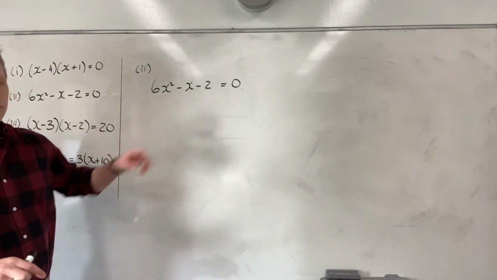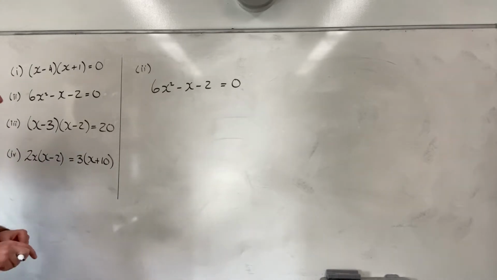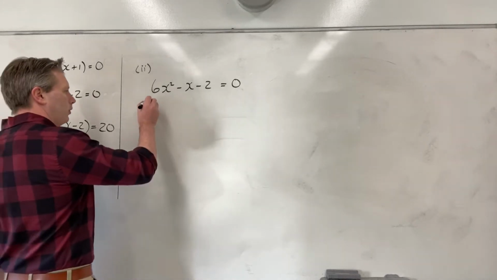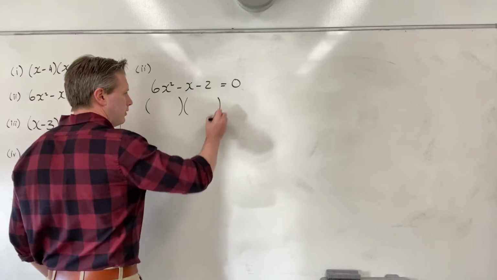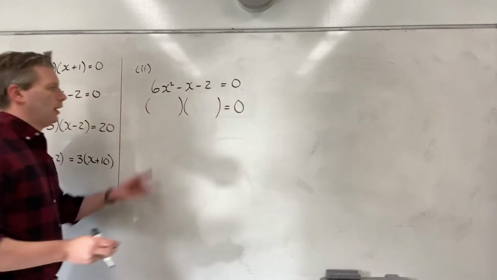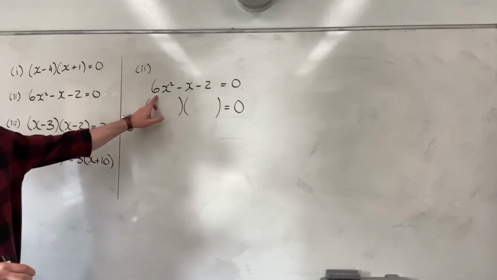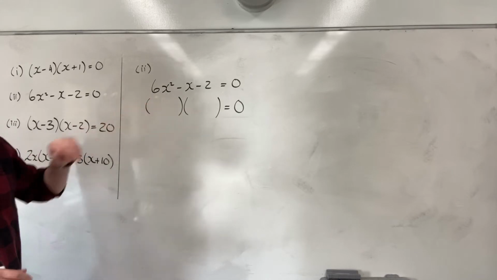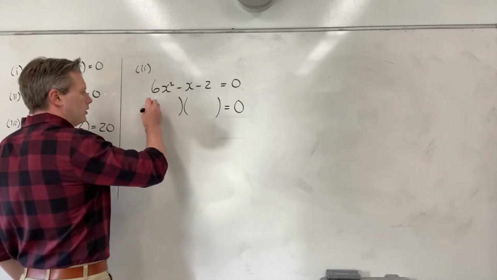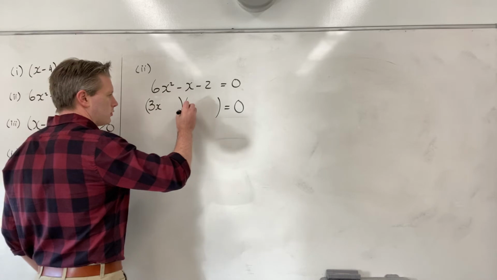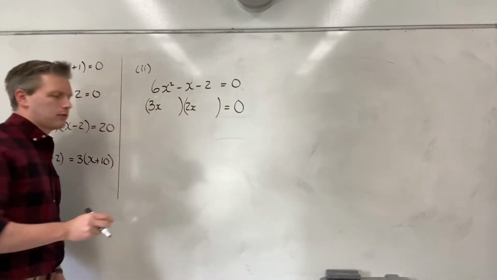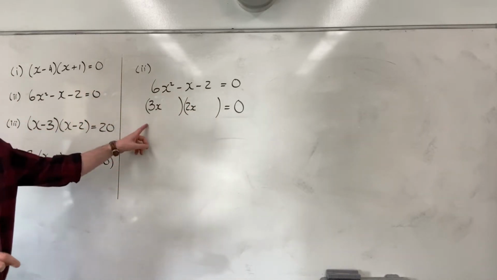Okay, well, we've had some practice with factorizing quadratic trinomials now, so let's put that practice to good use. I have 6x squared here, so my two factors may begin with 2x and 3x. It could also have been 6x and x.